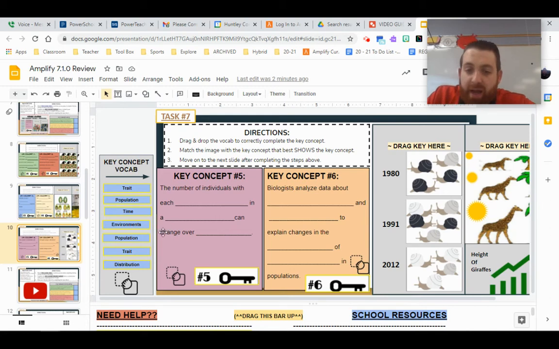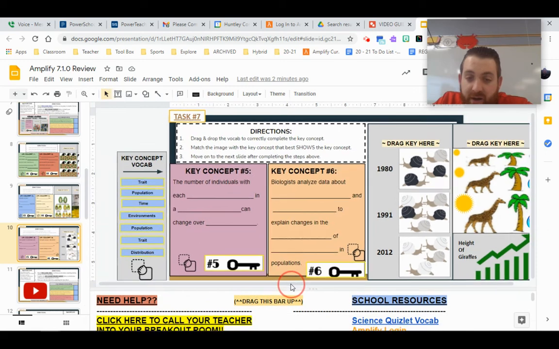Last but not least, biologists analyze data about populations and the environment to explain changes in the distribution of traits in populations. So when we look at these 2 key concepts, the idea of traits changing over time, we should have dragged number 5 over here above the snails, seeing the color of their shells change over time.